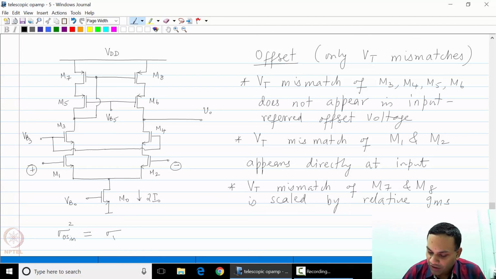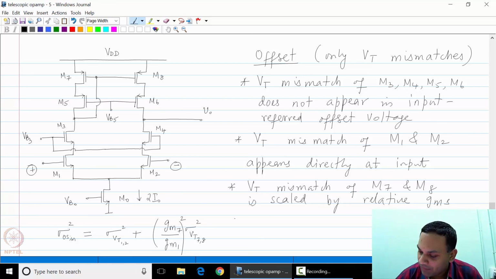The first component is the VT mismatch of 1 and 2, and the VT mismatch of 7 and 8 scaled by the ratio of GM7 to GM1 whole square.